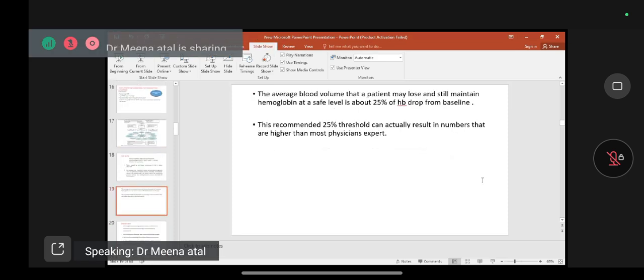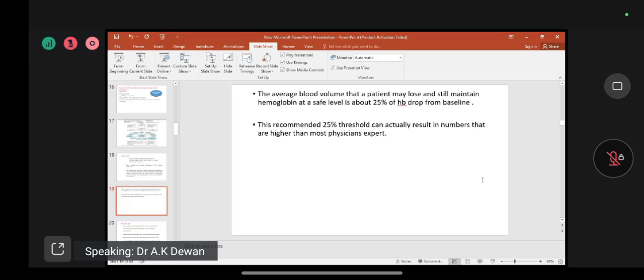The average blood volume that a patient may lose and still maintain hemoglobin at a safe level is about 25% drop from baseline. This recommended 25% threshold can actually result in numbers that are higher than most physician experts.